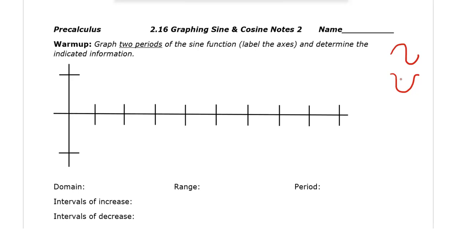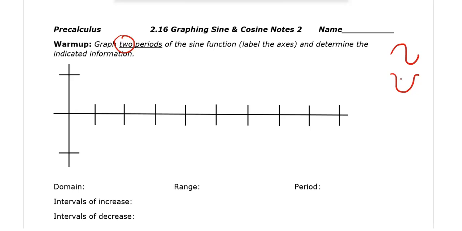So for sine, that means this one's going to go up, down, up. And then I have to do 2 periods. Yesterday we had the exact same x-axis and y-axis, and I did the whole thing as 0 to 2 pi. Now I'm going to use the same x-axis, but not the same distance. We're going to do 2 periods.